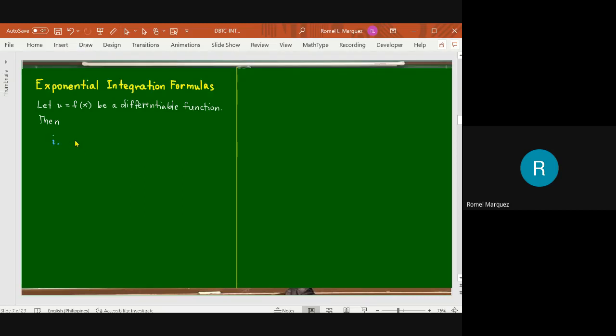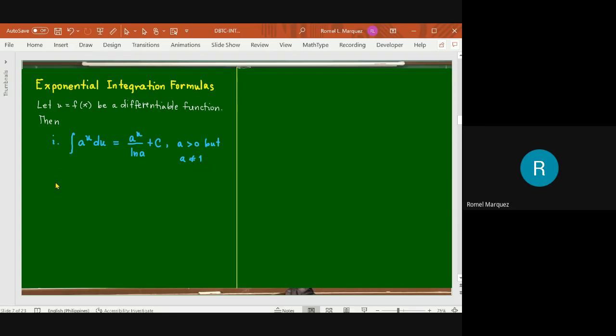Number one, the integral of a to the u du is equal to a to the u over ln a plus c. Where a is positive but not equal to 1. Okay? So again, what is a here, which is a constant that is positive but not equal to 1.